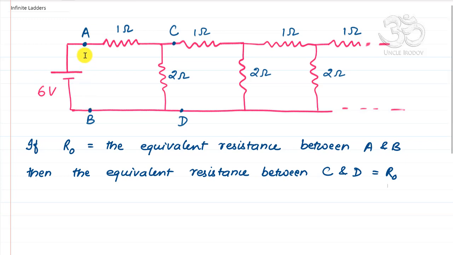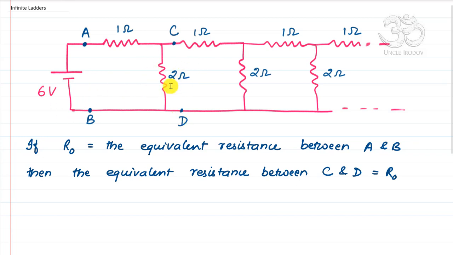That's because what you have done is, out of those infinite branches, you have removed one branch, the first one, and how many branches are left? Again, infinite branches are left. So if the equivalent of those infinite branches was R naught between A and B, between C and D also it will be R naught.